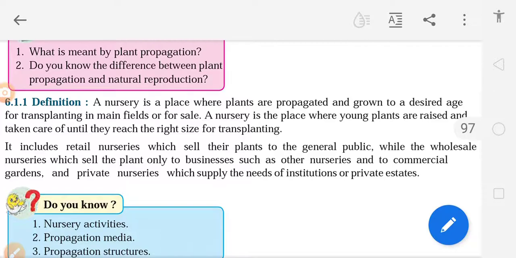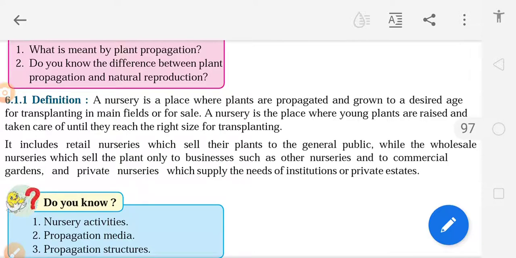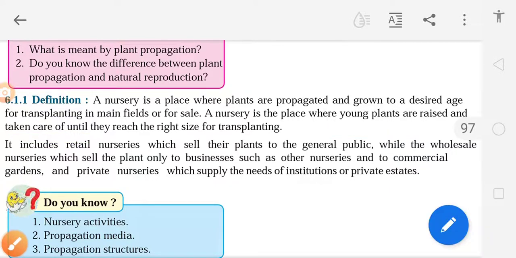So here in this case of nursery, what is important is that in this place young plants are raised and they are taken care of. So about these young plants, this nursery is a very important place.